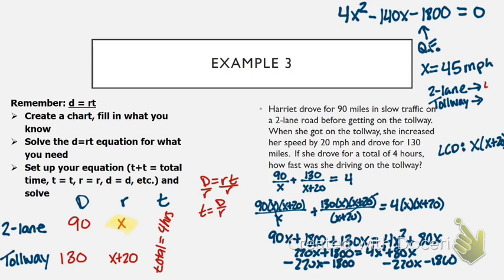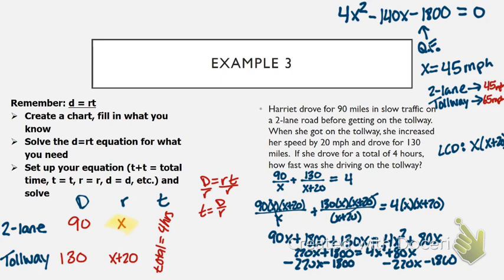So when I got x of 45, we drove 45 miles an hour on the 2-lane road. And we drove 20 miles an hour faster on the tollway. So that means on the tollway, we went 65 miles an hour.